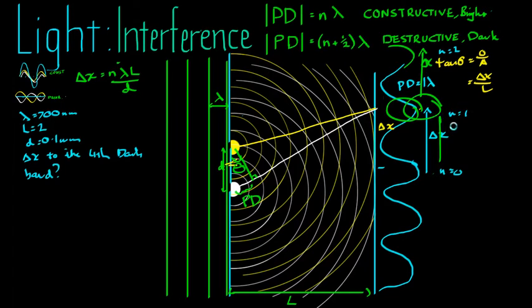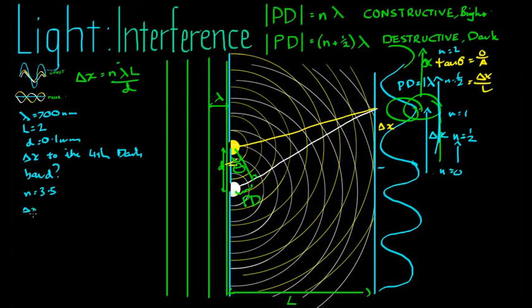So if n equals 1 gave us this length here, then n equals a half would give us the length of the first dark band. n equals 1.5 would give us the length of the second dark band. So n equals a half, first dark band, n equals 1.5, the second dark band, to the fourth dark band, that would be n equal to 3.5.